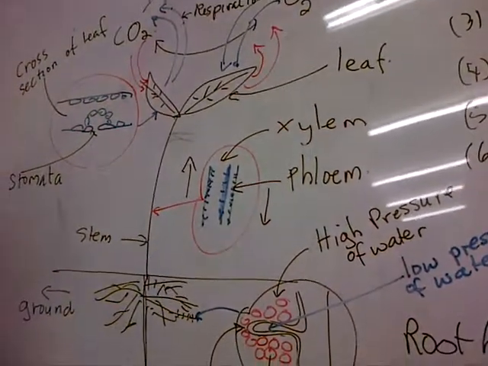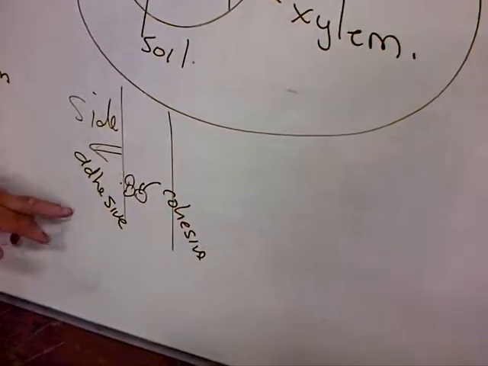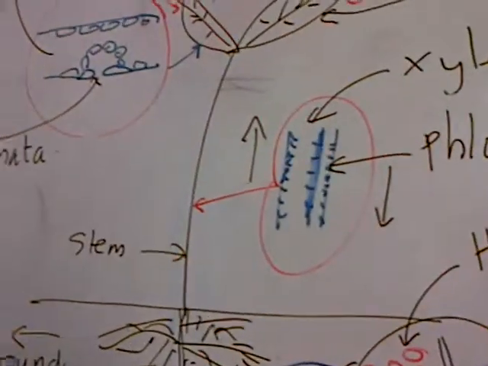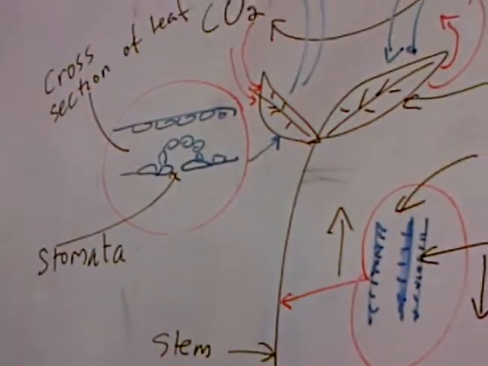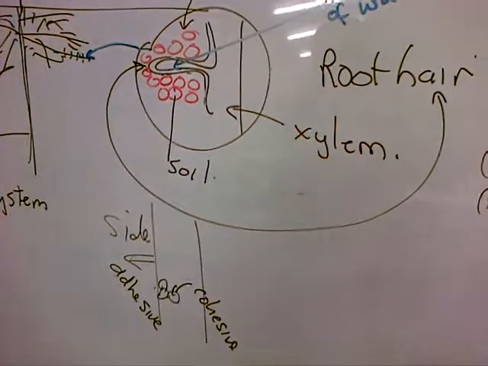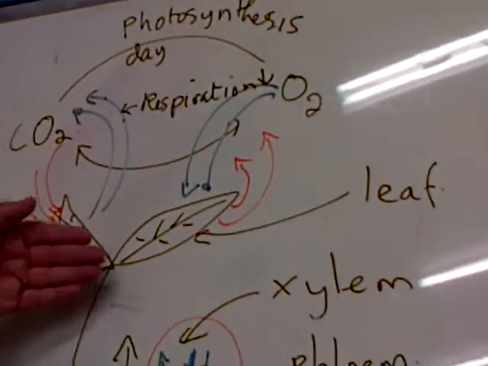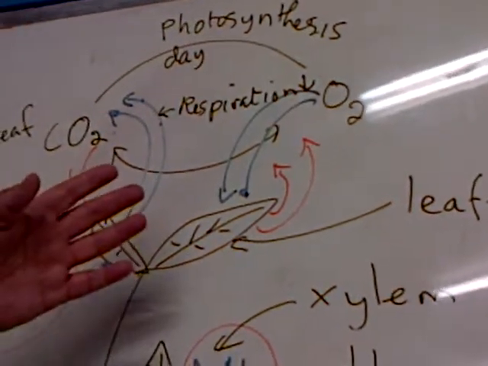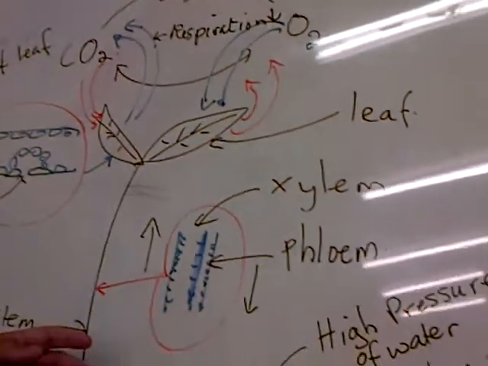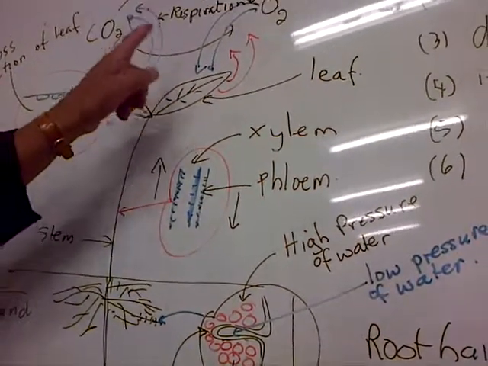But if the cohesive forces were stronger than the adhesive forces, then the water would not move up, because it's keeping itself together more strongly than it pulls up on the other side. So we need capillary forces to bring that water up from the ground into the leaves. It needs the water and the mineral salts dissolved in the water, so that the plant can start making its own food in the plant factory, which is the leaf.